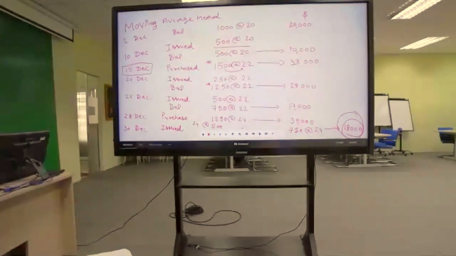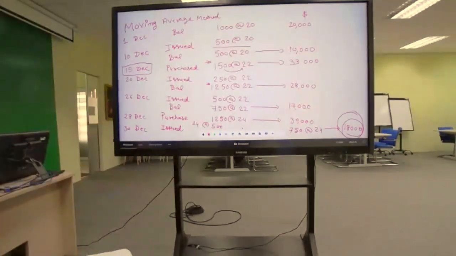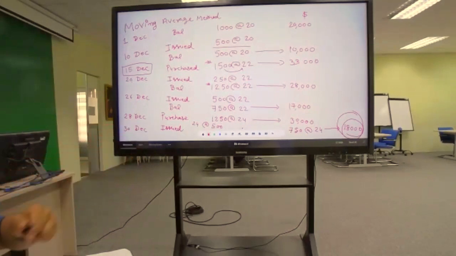Because at the end of the period, you're going to apply it as a cost, right? Because we calculate the cost of material at the end of the period. So at the end of the period, your cost of material will be 18,000 using a moving average method, right? So that's the main thing, all right?